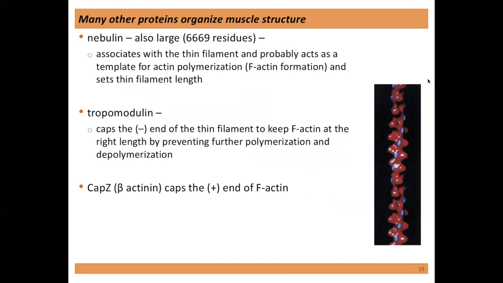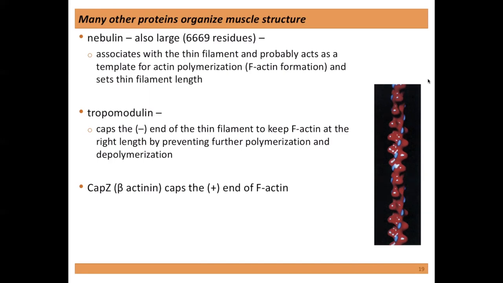And how you prevent it from getting too long is you cap the negative end. And that's this tropomodulin right there. So it keeps the F-actin at the right length and prevents it from continually growing. And then you can also cap the actin at the Z line there and prevent that from growing.